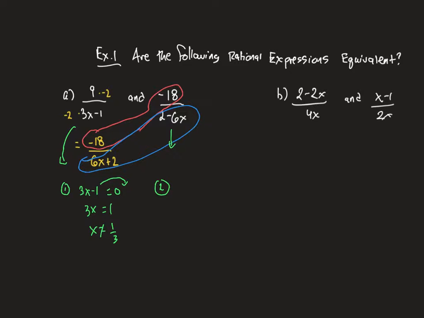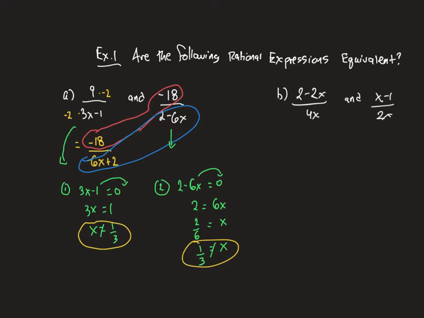Well, the second one, 2 minus 6x, make that equal to 0. So I'm going to bring the negative 6x to this side, so I'm making it positive. Divide both sides by 6, which is also 1 over 3. So they both have the restriction of x cannot be 1 over 3. They both have the same top and the bottom made by only multiplying one thing. So I can say, therefore, they are equivalent.